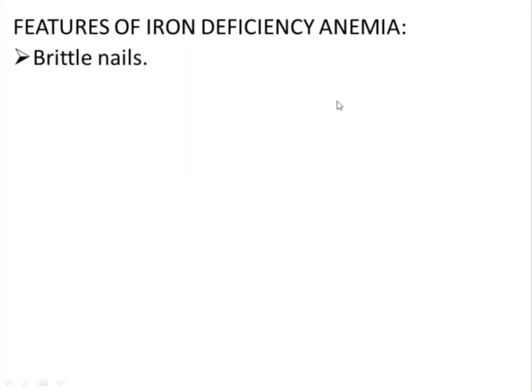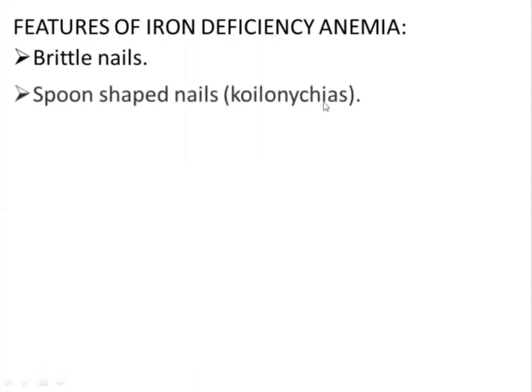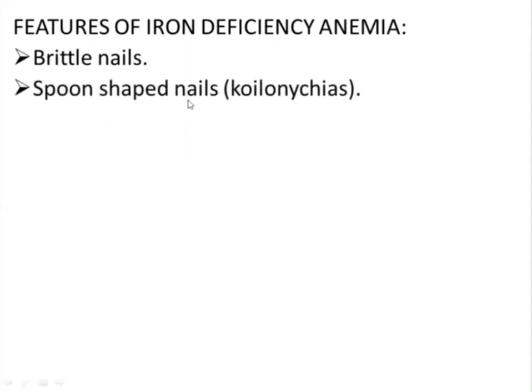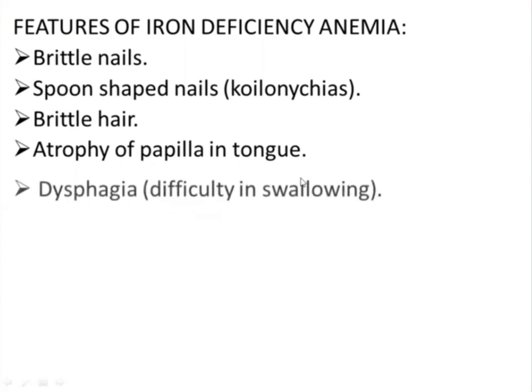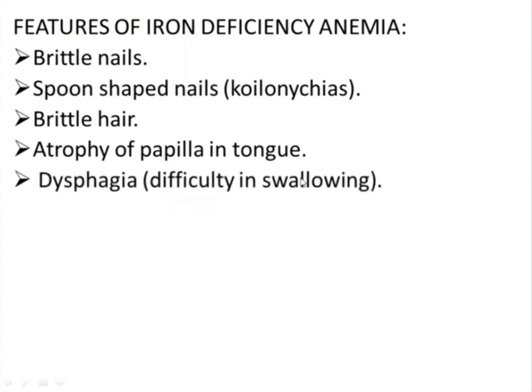Brittle nails, then spoon-shaped nails, right? Then brittle hair, right? Then the atrophy of the papilla in the tongue. Then the dysphagia, right? These are some features of the iron deficiency anemia.